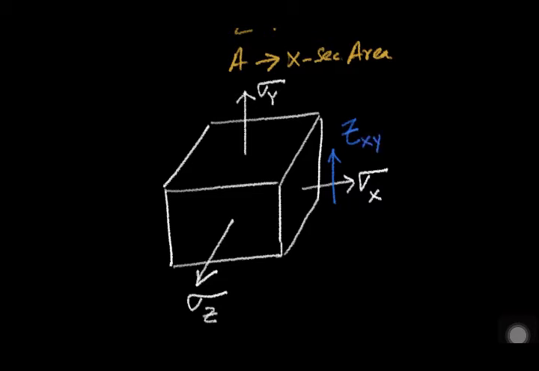Over here we had tau in the y plane due to x, and here tau in the z plane due to x, and again tau in the x plane due to z.